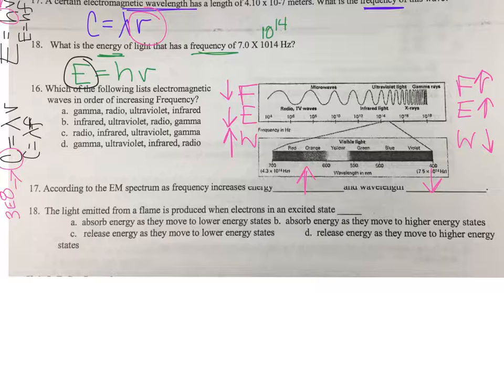They release energy and move down. Lots of people said moving up, and that's not what it is. It was absorbing that heat. It got excited and it had to drop back down to stability, so it released a little color.